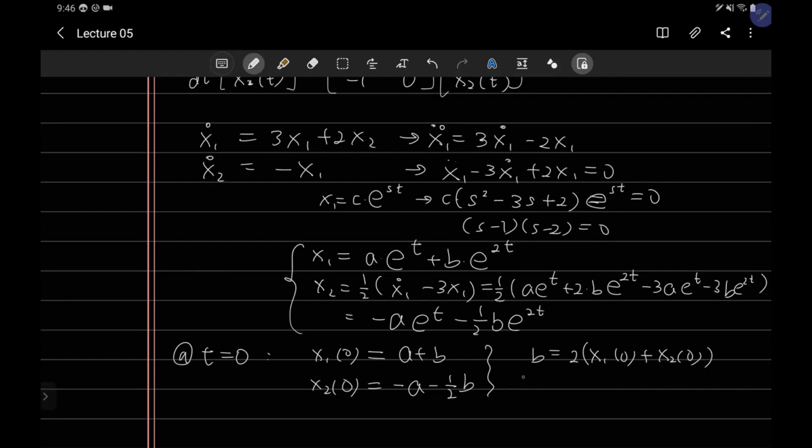Then what about a? a can be found by multiplying the second equation by 2 and adding them together. Then the minus a will be x1(0) minus 2 times x2(0), and we can move that sign to the right hand side.